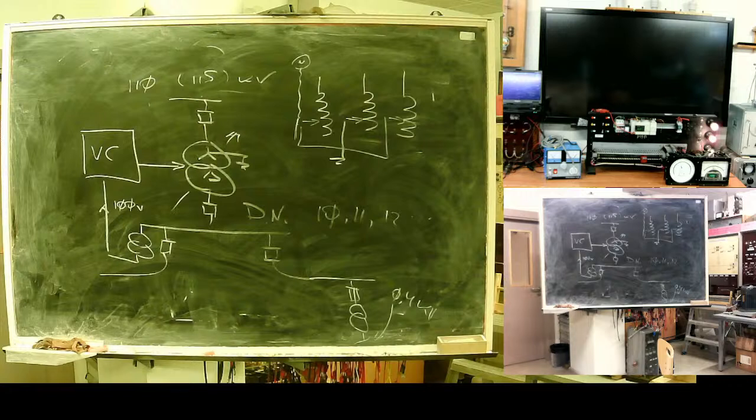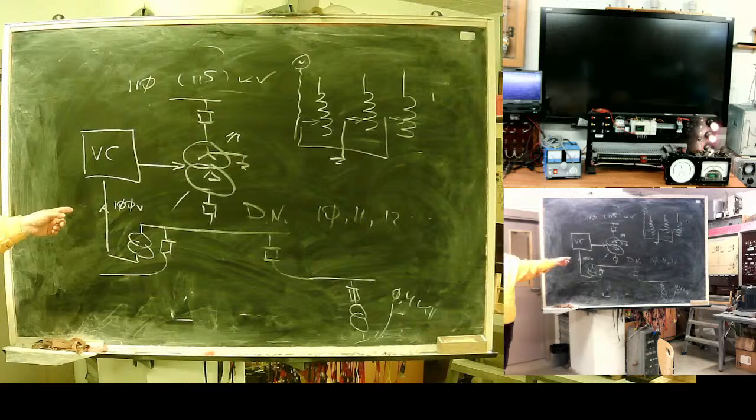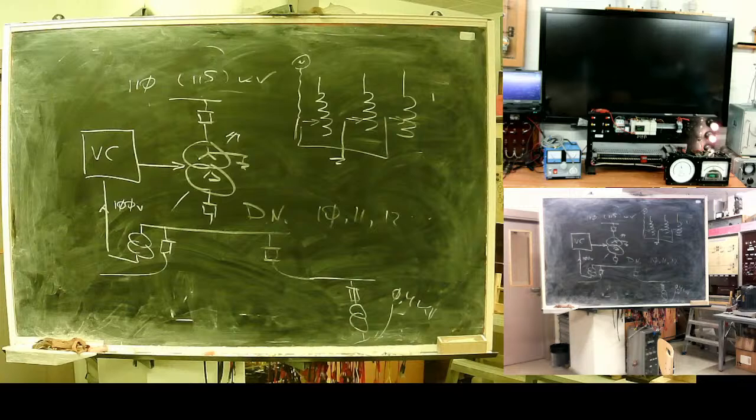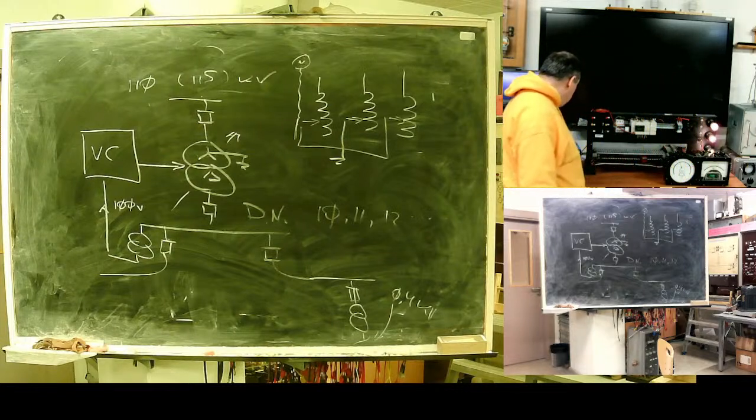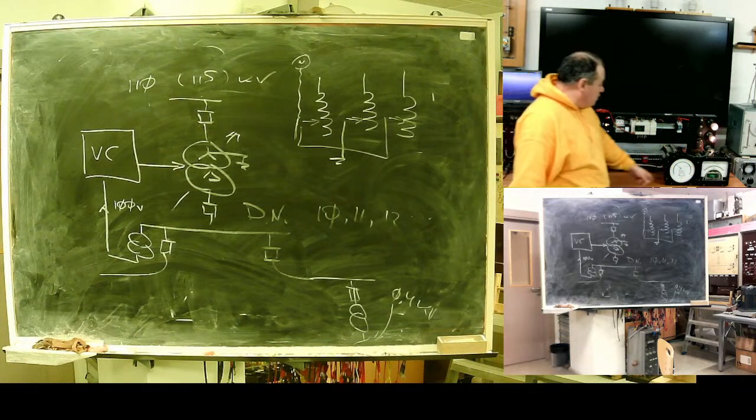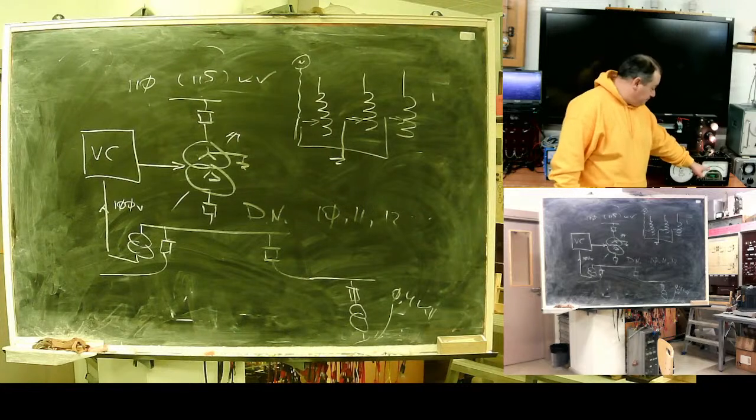This one also has a dead zone, because the winding is discrete. But the tap changer with voltage controller will act exactly the same way my regulator does. Take a look. I decrease voltage. What happens with power? It increases, increases, increases.